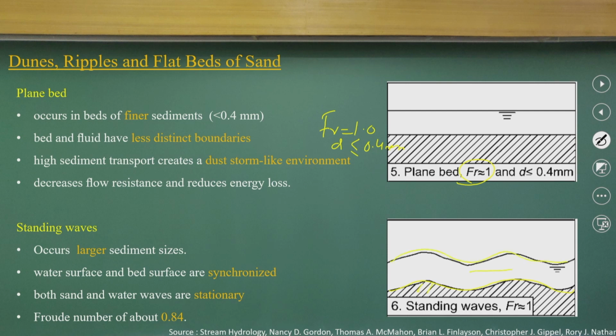That will be the standing wave type of condition, with a larger sediment size, where the water surface and bed surface waves are synchronized, and both the sand and water waves are stationary. They will move together. That is what happens when the Froude number is closer to 1, or equal to 0.84.